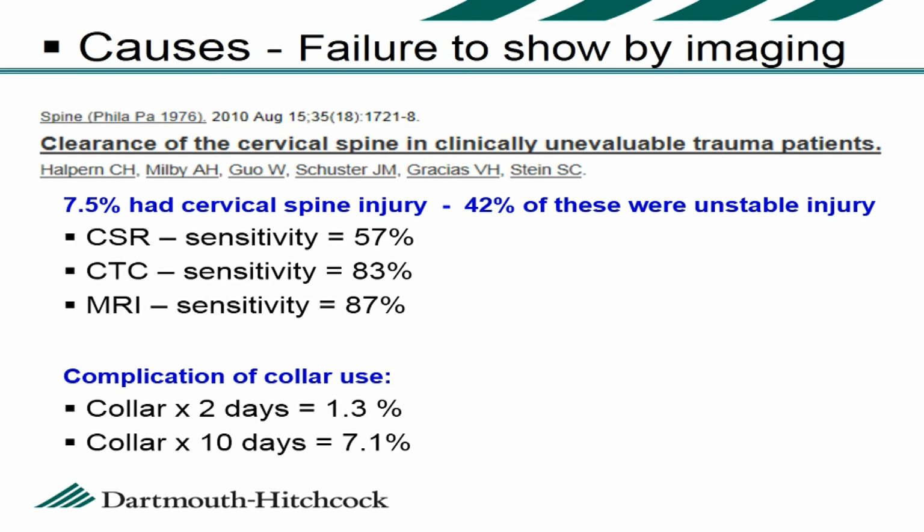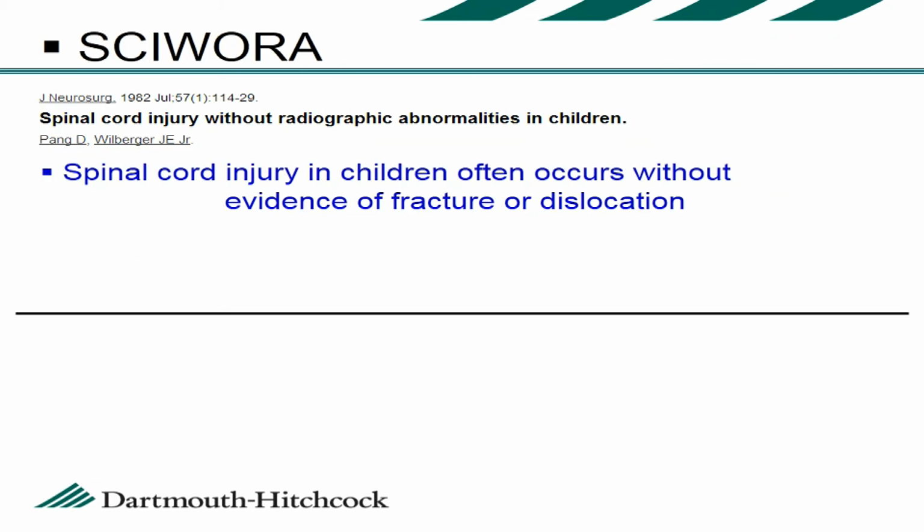And the complication of a collar is minimal. So unless you can get an MRI scan or unless you have a chance to re-examine at a future time, keep the collar on until you get the patient right. Missed injuries are much more common in obtunded patients, or if there is a delay, or if there is any distracting injury. Those are the things that you have to be careful about.